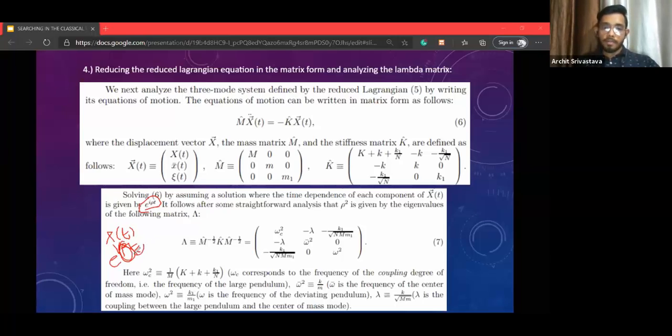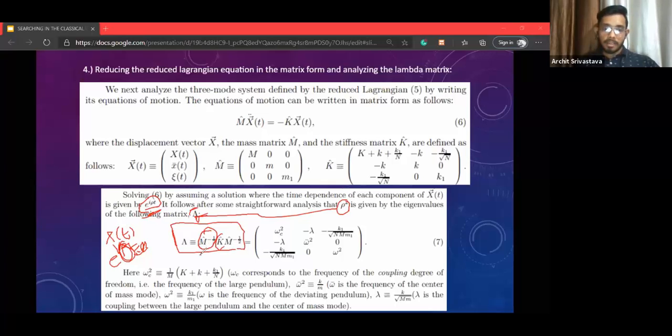Doing a more straightforward analysis on this rho factor, we have this rho squared term, and the eigenvalues of the rho squared term are given by this lambda matrix.